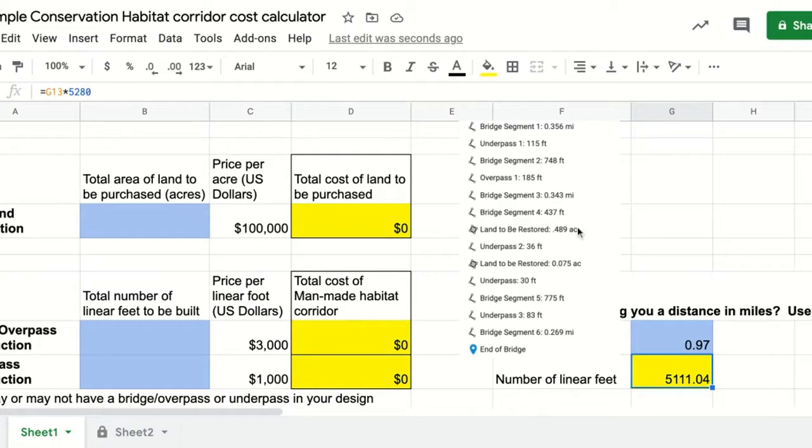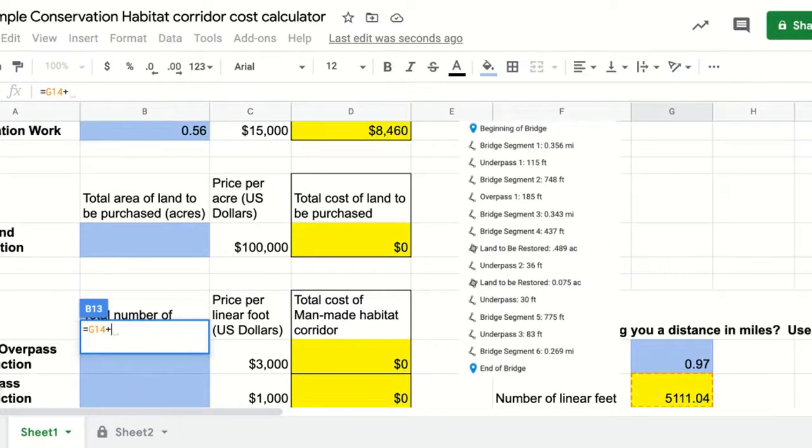Make sure that as you're doing this, you're keeping track of which ones you have already typed into your bridge and overpass cell, because you don't want to count things twice. So here I'm going to use this number. I just click that, because I know all of those were bridges that were in miles. Plus now I have either a bridge or an overpass to look through. Okay, that's an underpass, so skip it. A bridge segment, and it's in feet, so I haven't counted it yet. So plus 748.